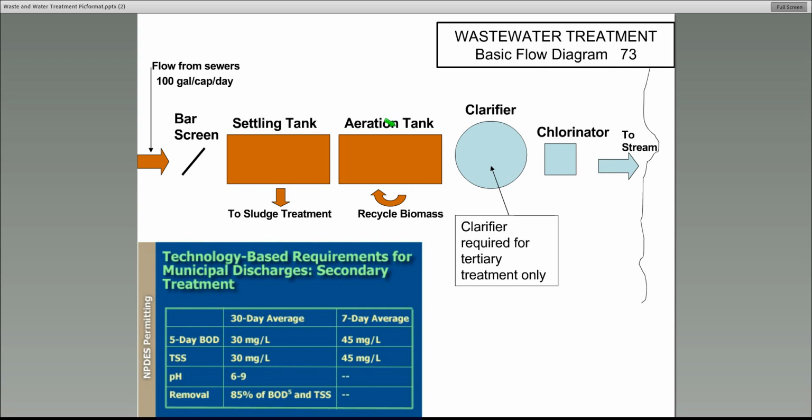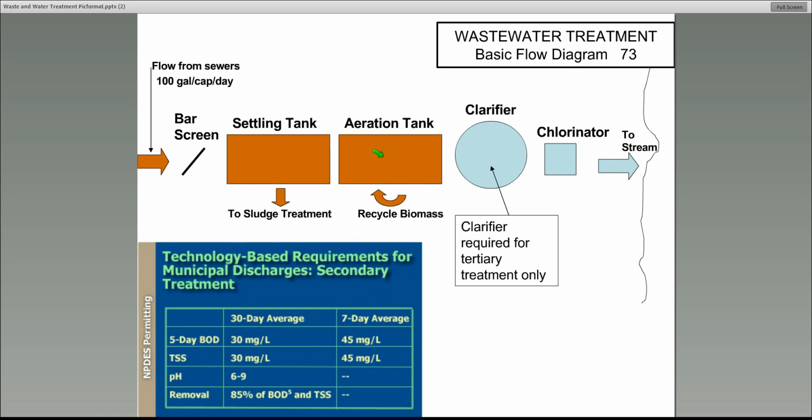Okay, this is a typical layout, a basic flow diagram for wastewater treatment. You see, for water treatment, the water comes in, and the water flow chart showed all blue all the way across, which it usually is unless it's after rainfall. For wastewater treatment, every day it's going to be coming, and the water's going to be dirty. So you've got flow from sewers at 100 gallons per capita per day going through a bar screen, into a primary settling tank, and then an aeration tank.